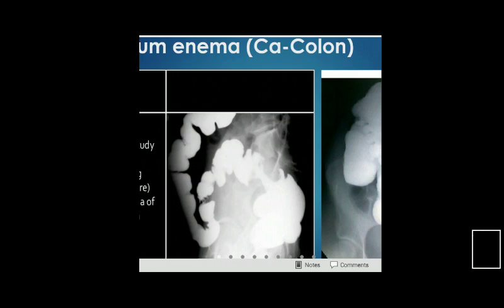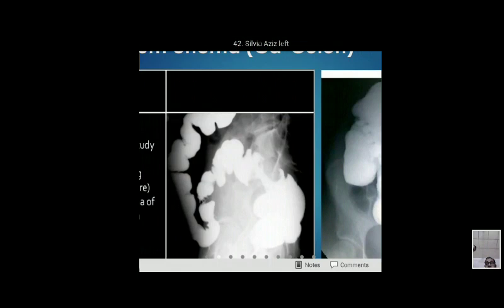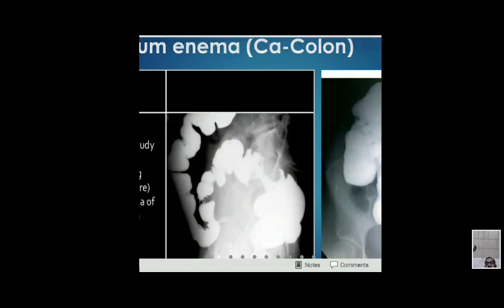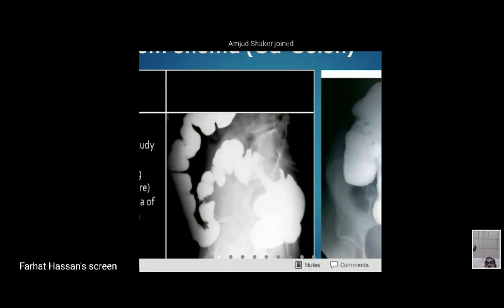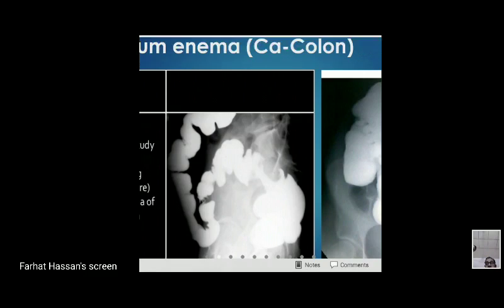There are also dietary factors. Western diet with red meat is a risk factor for colonic carcinoma. Diet containing low residual fiber is a risk factor. Obesity is also a risk factor.